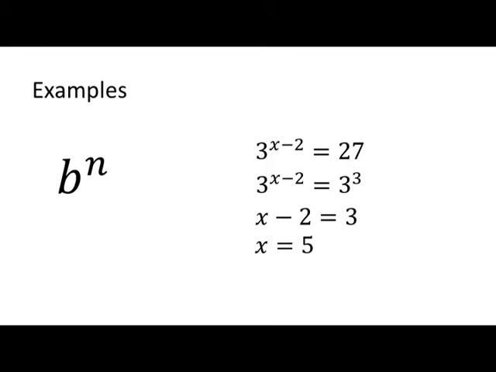So now we can rewrite the problem: 3 to the x minus 2 equals 3 to the 3. That means that the two exponents have to be the same if we have the same base. So that gives us x minus 2 equals 3, or x equals 5.